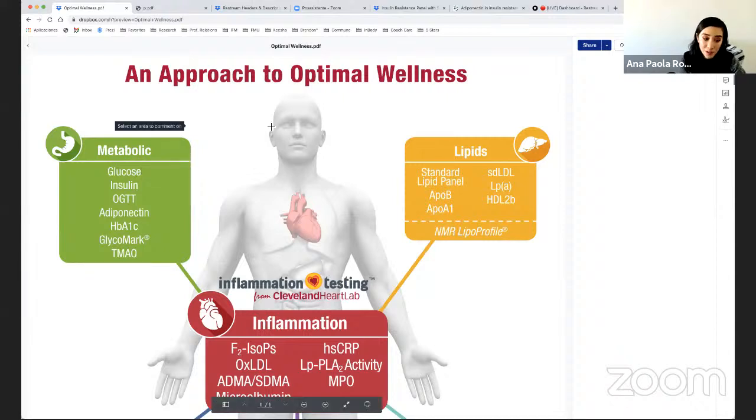So I'm going to talk about the metabolic situations, or the metabolic assessment that we might want to go into when we're talking about the optimal wellness of the patient. So of course, we're going to have glucose.